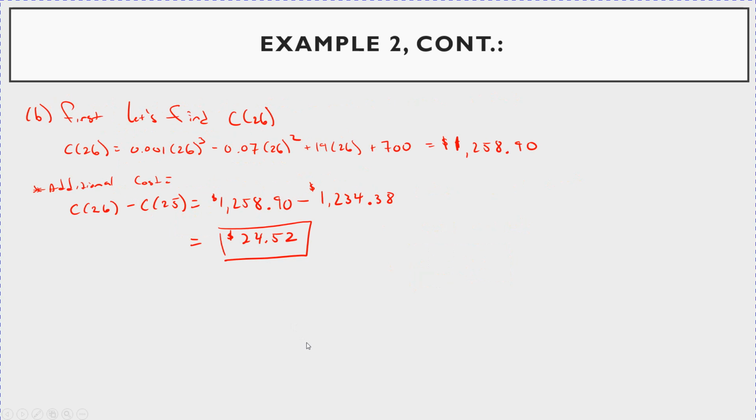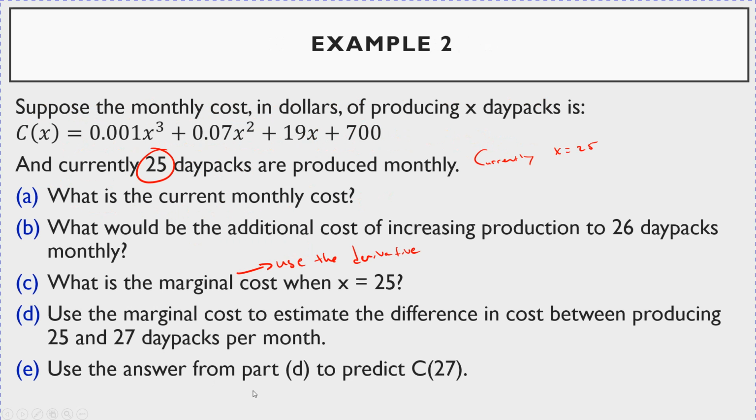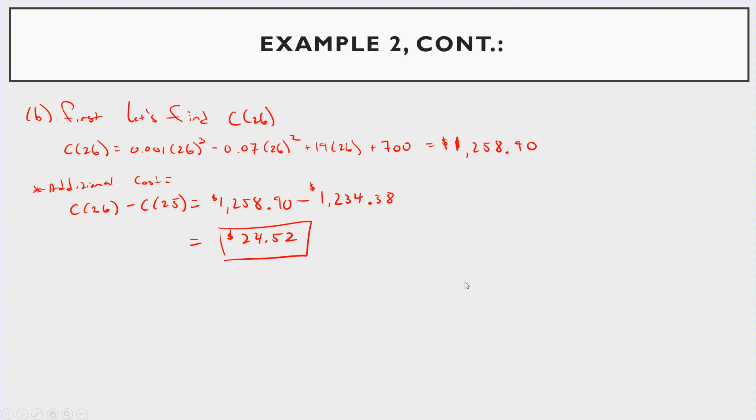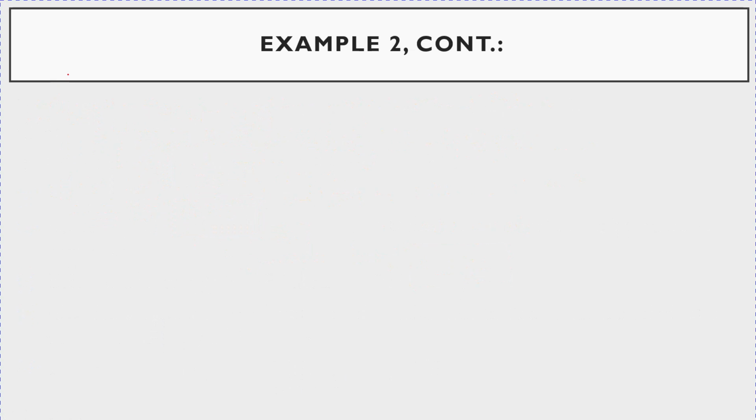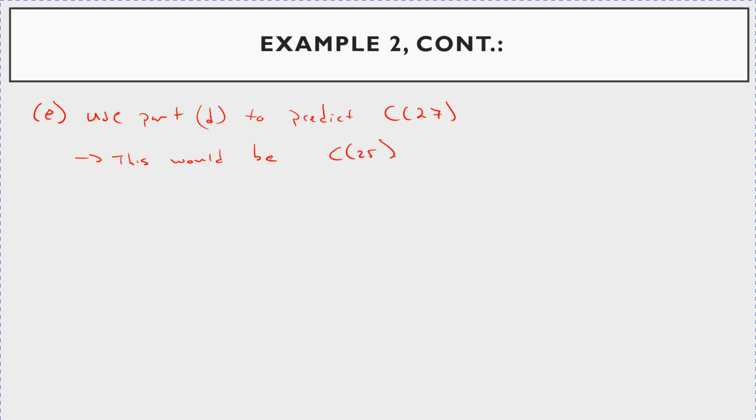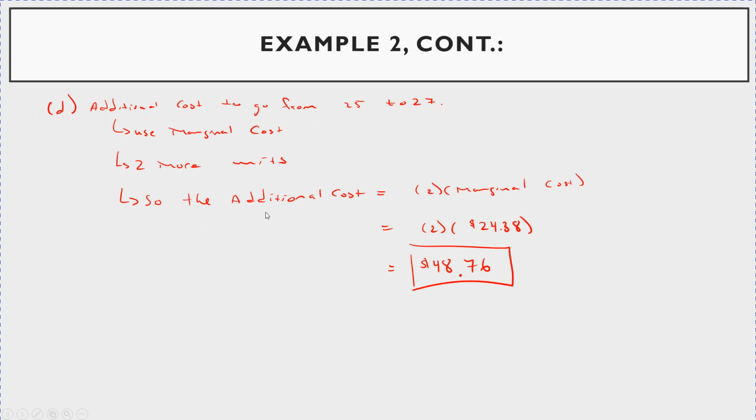All right, finally, the last question says, use this answer to predict C of 27. Use part D to predict C of 27. Well, what would that be? That would be C of 25 plus this additional cost.